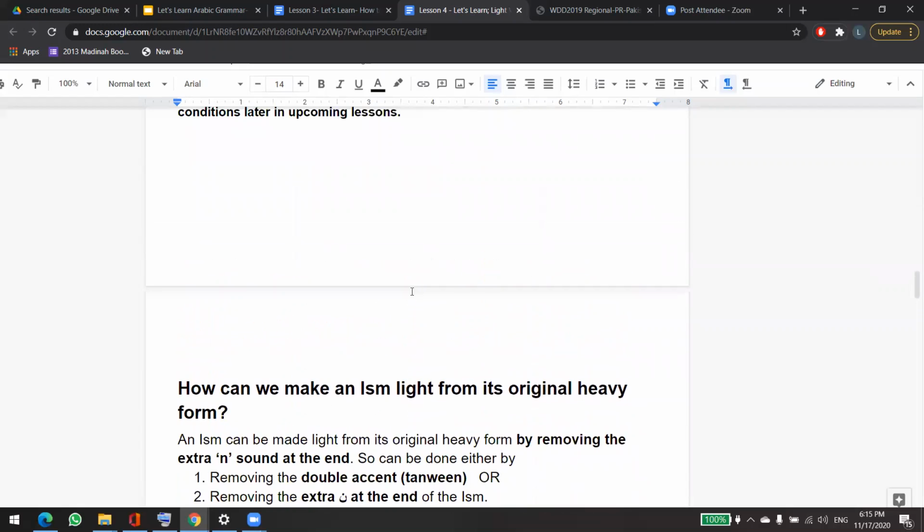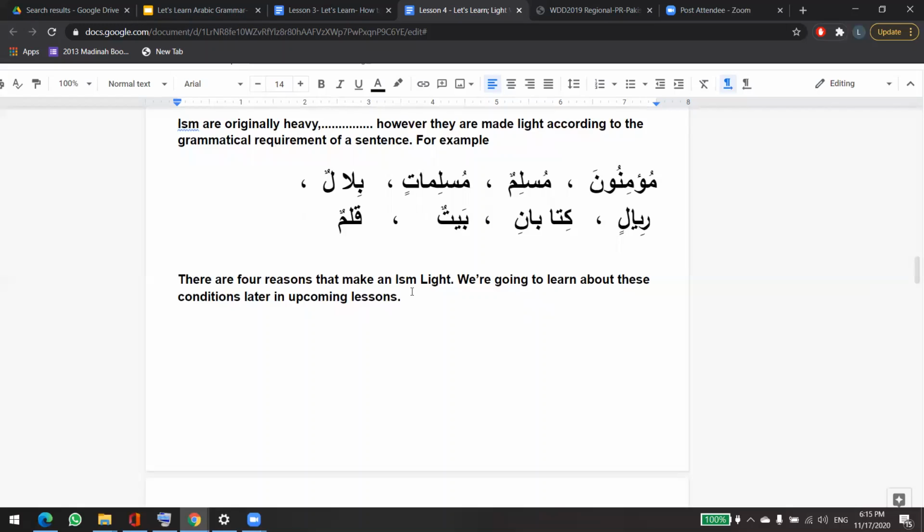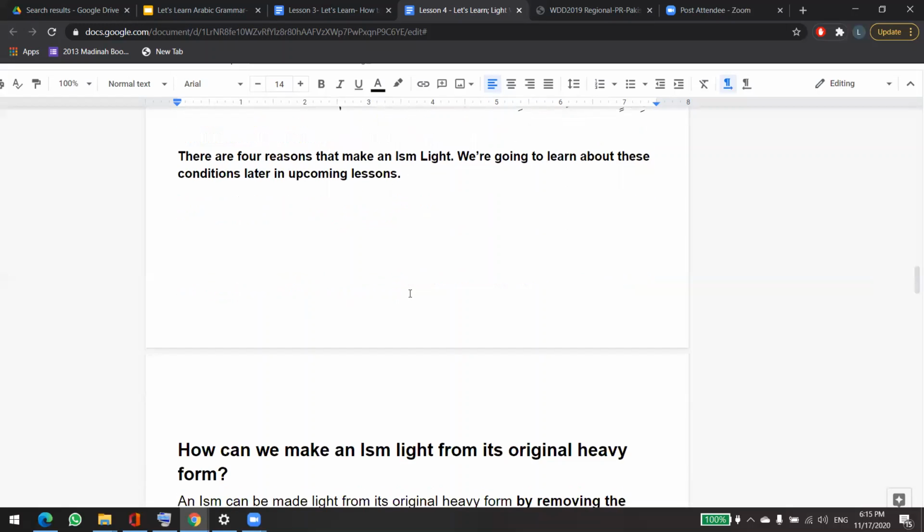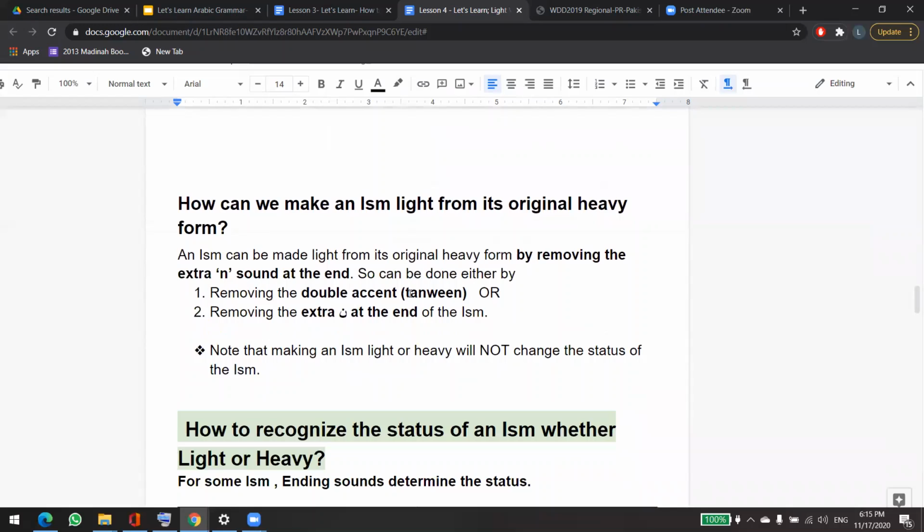One thing: if we need to make a heavy ism light, how can we do that? It's simple, not very complicated. An ism can be made light from its original heavy form by removing the extra noon at the end.